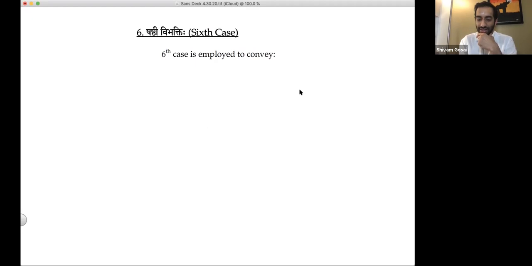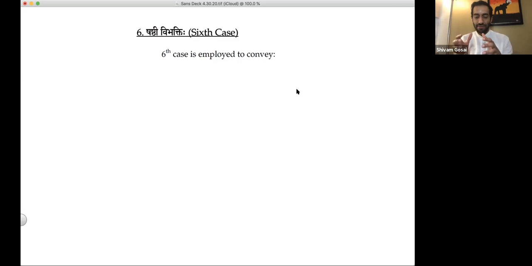Okay, but there's 6 karakas, but there's 7 vibhaktis. Karta, karma, karana, sampradanam, apadanam, then adhikaranam. 6 karakas, but 7 vibhaktis. We need to know that karakas and vibhaktis are 2 separate topics, right?